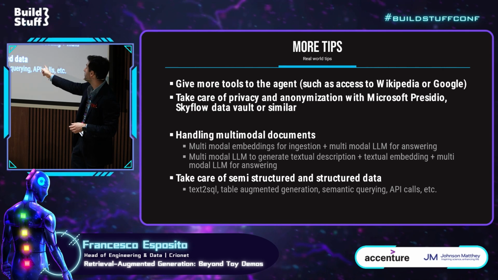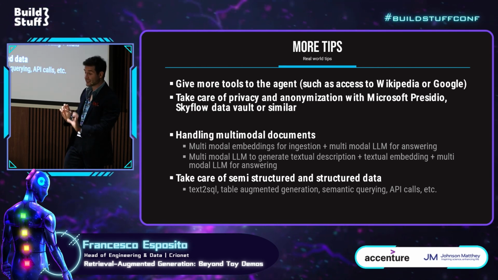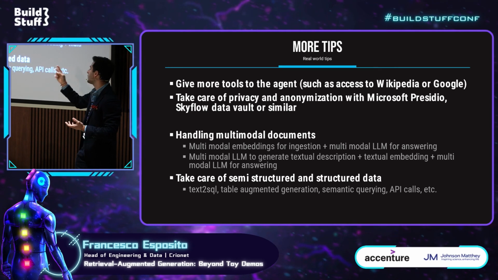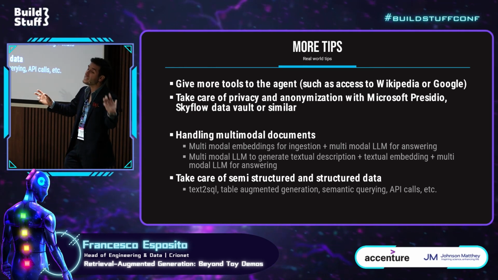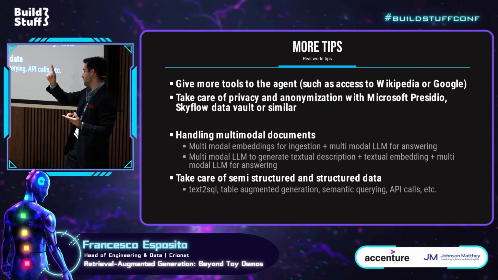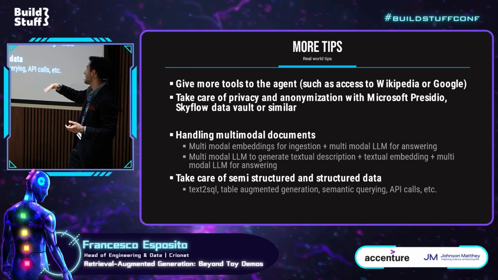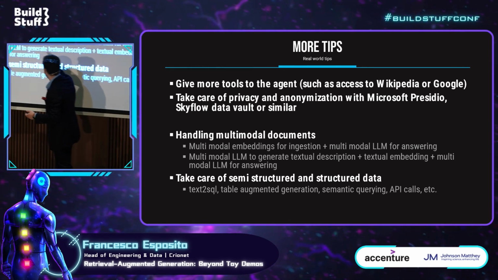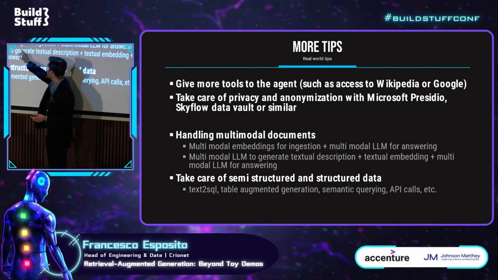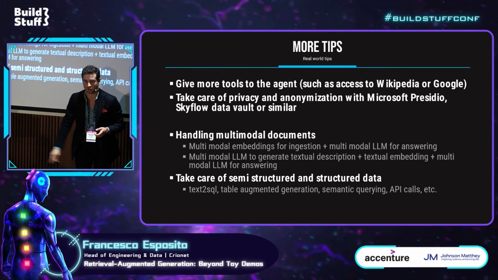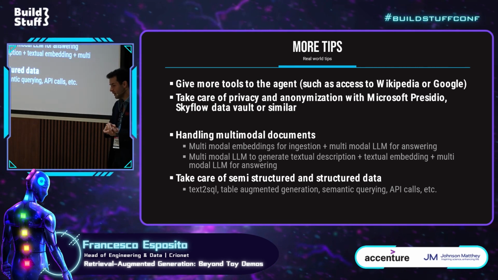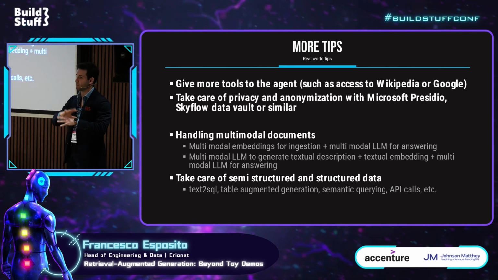Or using multimodal LLMs to generate textual descriptions, so we do a textual embedding, and then we retrieve the image based on the textual embedding and use a multimodal LLM for answering. Why can this be needed, when the first seems a more obvious strategy? Because multimodal embeddings don't really work perfectly.